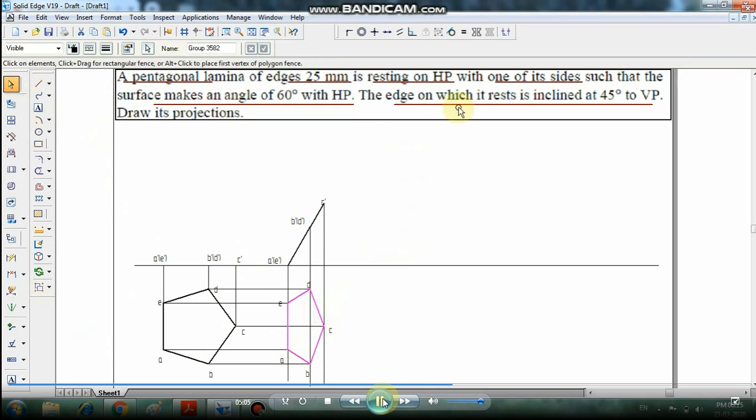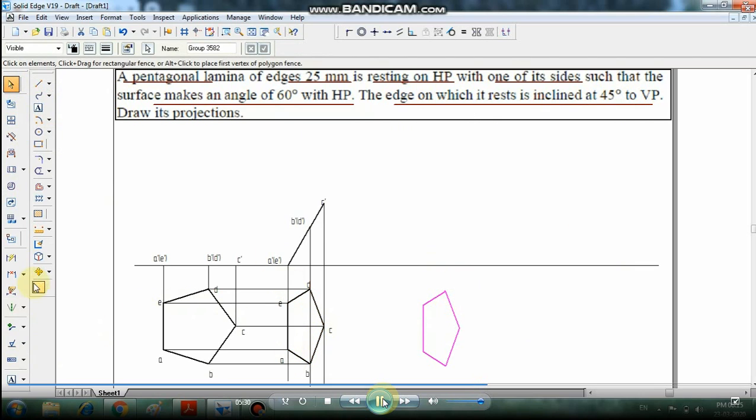The next is that the edge on which it rests is inclined at 45 degrees to VP, so we have to move and rotate the view. Go for the move option, select that entire thing and move it to a distance. Now you can rotate it.